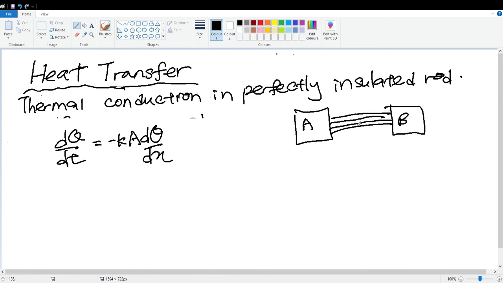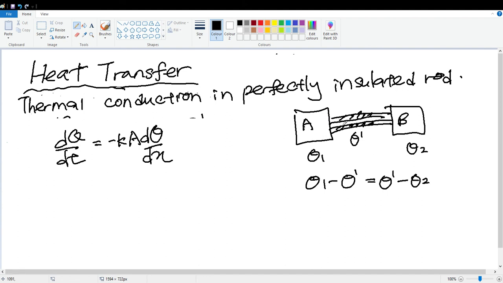So this is B. And we discussed that this is theta 1 and this is theta prime and this is theta 2. And we said that at steady state, the difference between theta 1 and theta prime is equal to the difference between theta prime and theta 2.